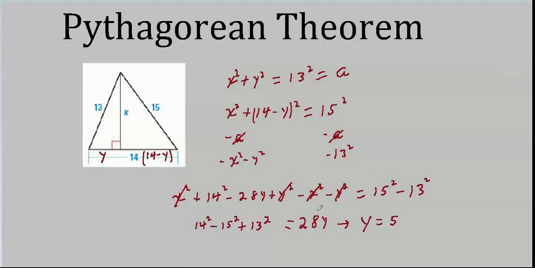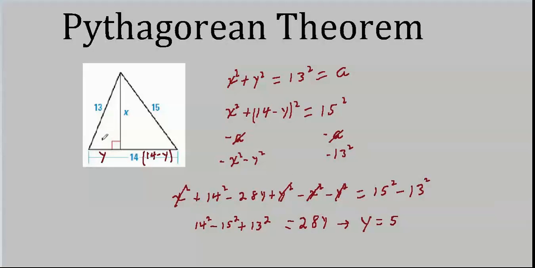Put 28y over here. Subtract this stuff, and we get 14 squared minus 15 squared plus 13 squared equals 28y. This is 196. This is 225, and this is 169. And if you do the arithmetic and then divide by 28, you get that y equals 5.